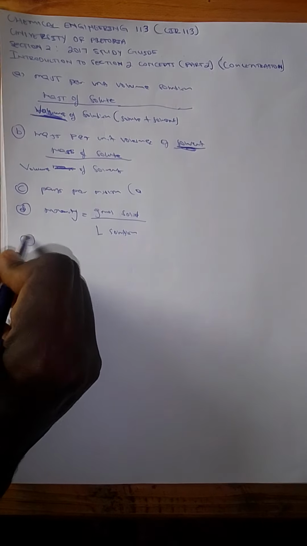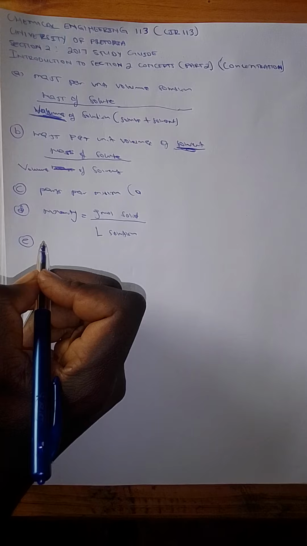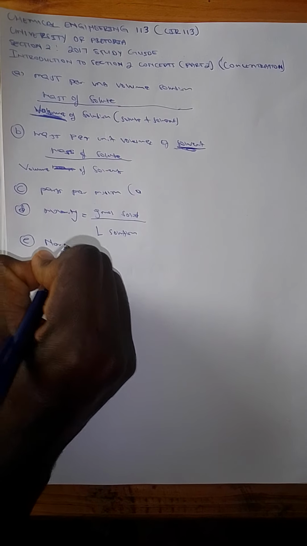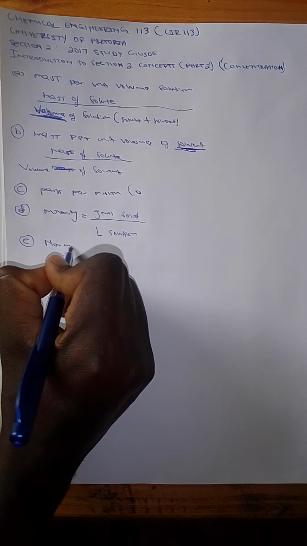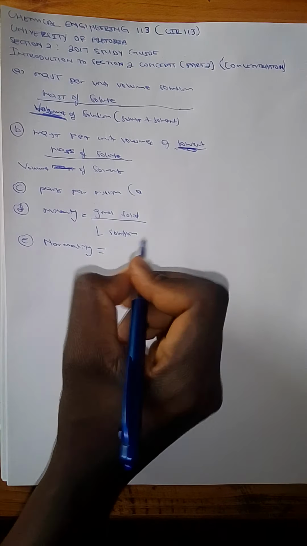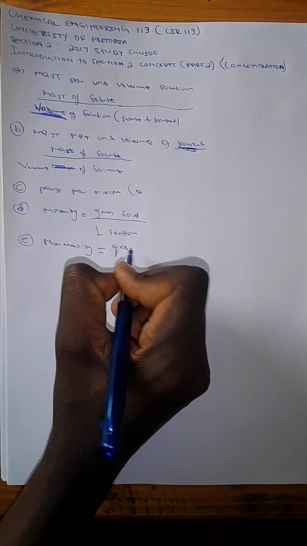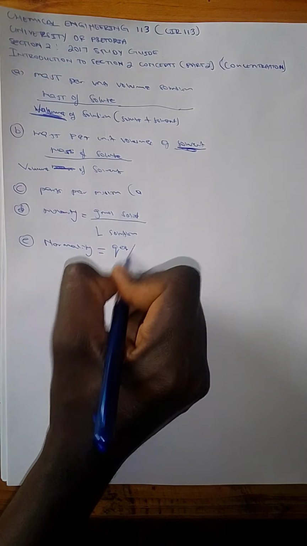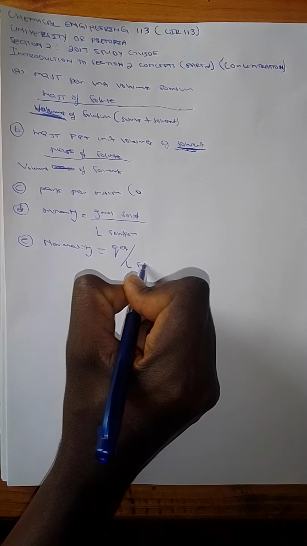And now number five becomes normality. Now, normality is gram equivalents per liter of solution.